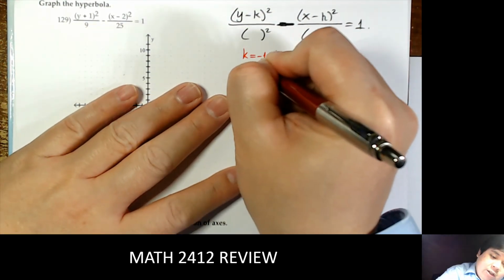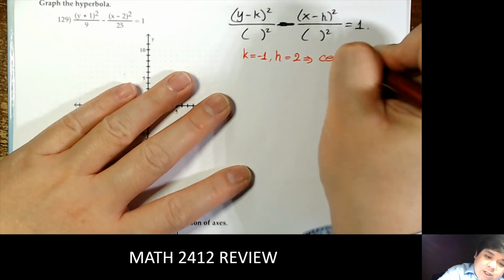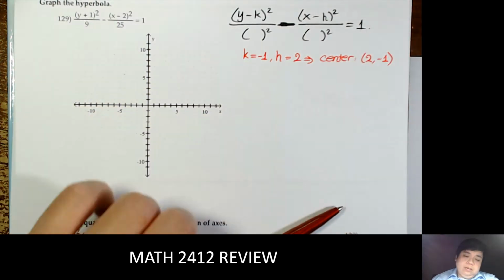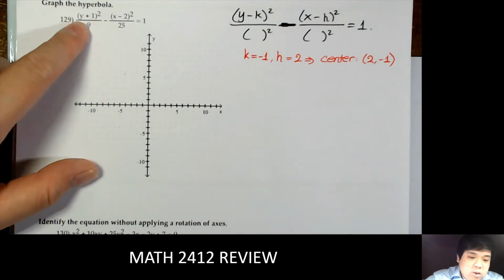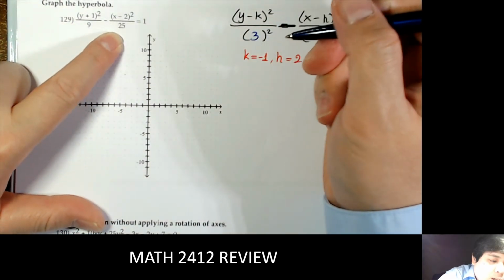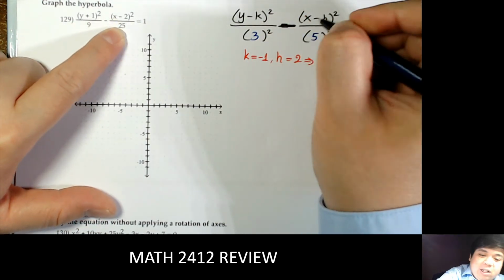So from these two we have the center is at 2 and negative 1. x equal to 2, y equal to negative 1. And then below the y we have 3 squared, below the x we have 5 squared.